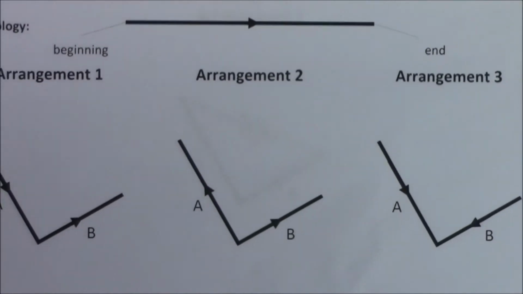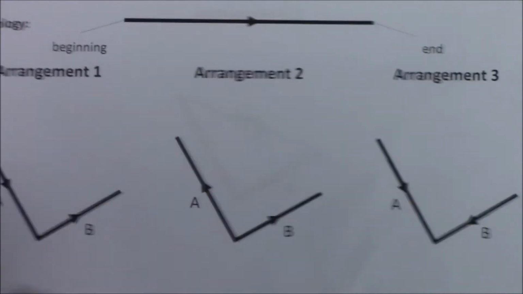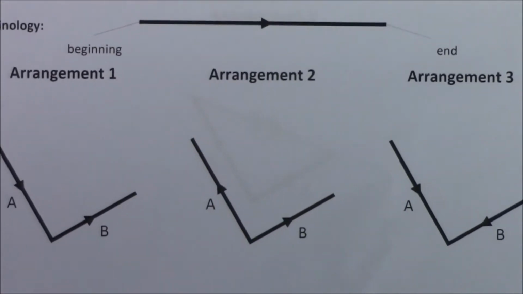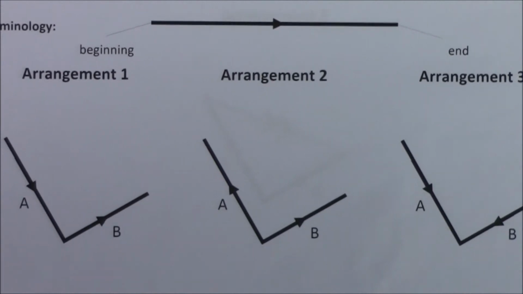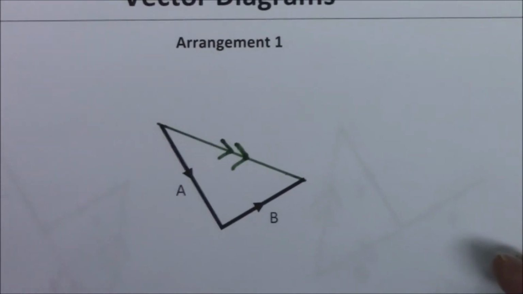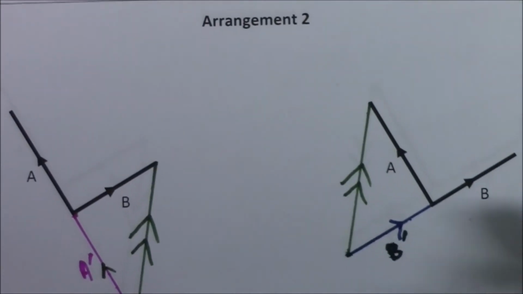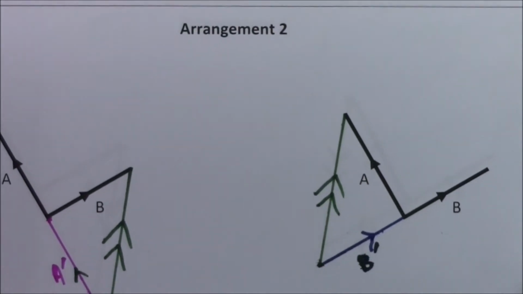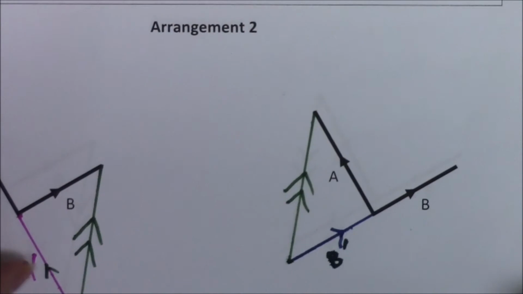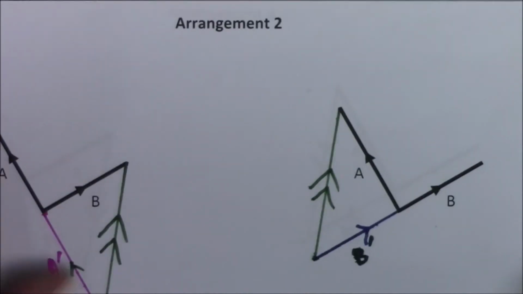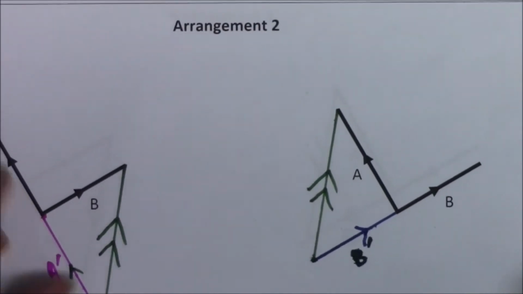In summary, through the three different arrangements, we have learned how to add vectors when they are placed together. This is the first arrangement. In the second arrangement, notice that whenever we shift a vector, we always shift the vector along the same line.